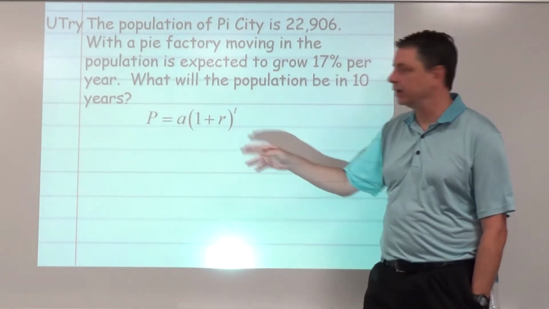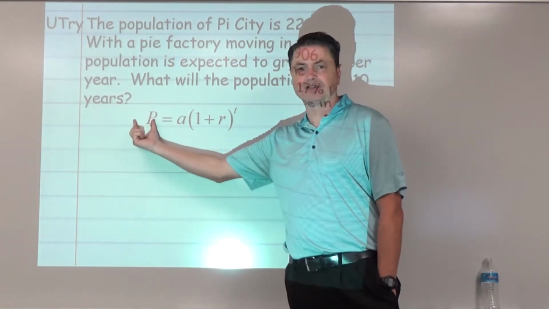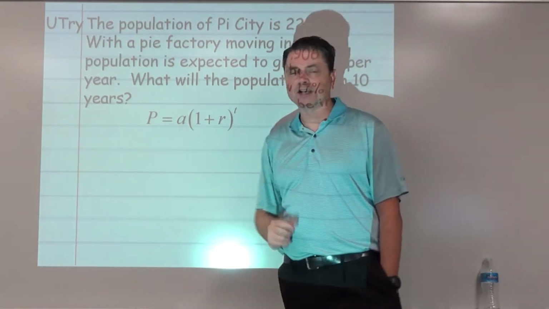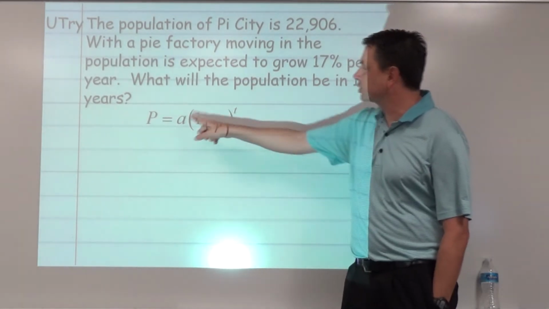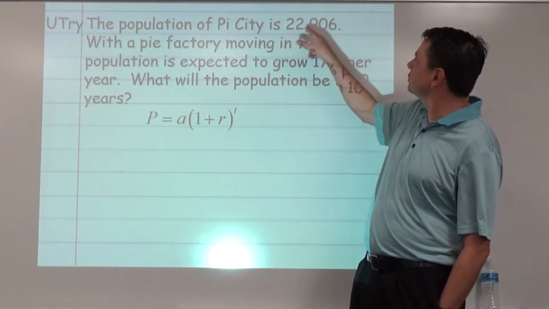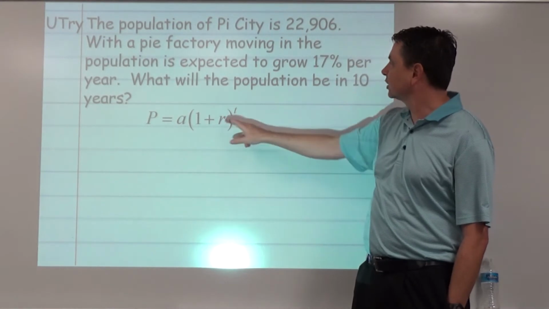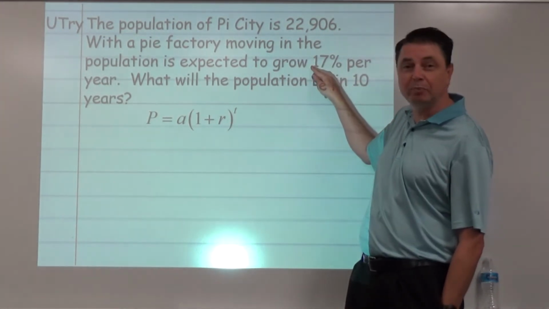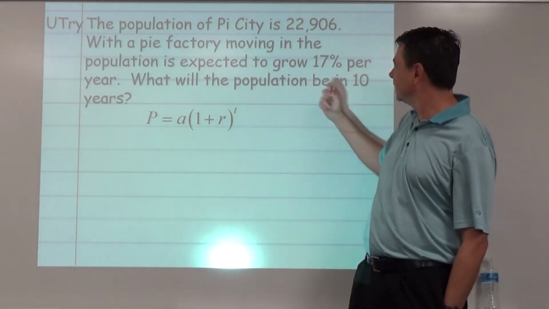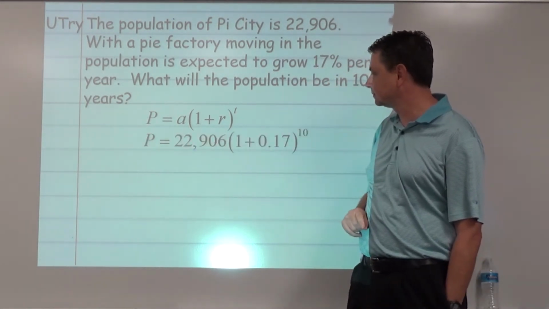All right, so we're going to say our model population equals, you could have left it as Y equals, that's fine. But I choose capital P for population, and then our starting amount is 22,906. The growth rate, since there's a decimal here, slide it 2 places, is 0.17. And our T is 10.